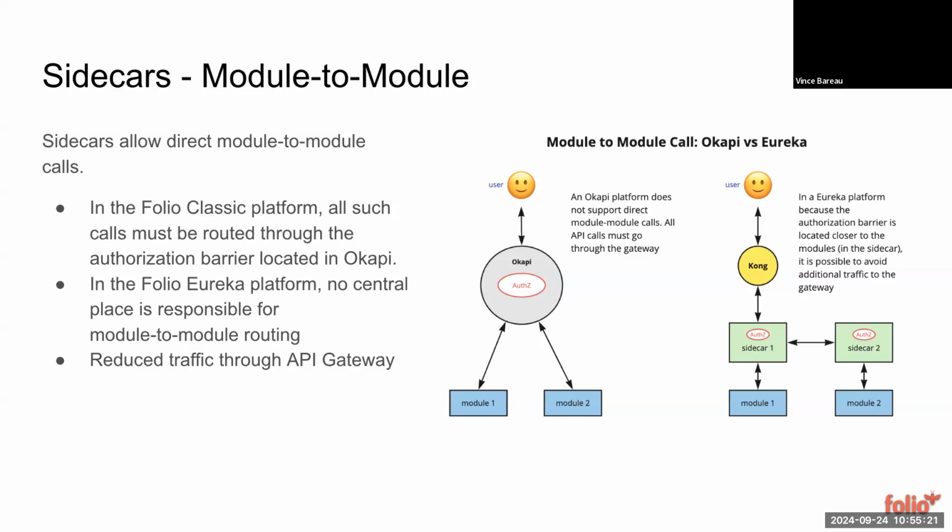So it calls module 1, module 2. But now, because the authorization barrier has been lowered closer to the module, we can actually do direct module to module calls. You don't have to go back up through the gateway to get into module number 2. So this is an efficiency that we think should be helpful for routing traffic through the Eureka platform.